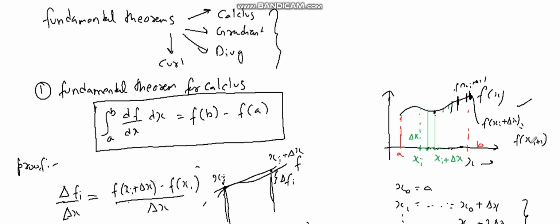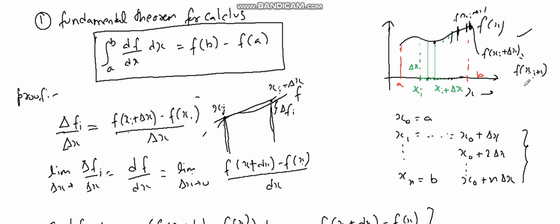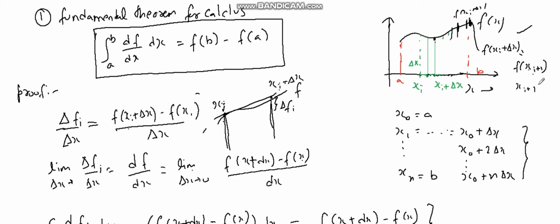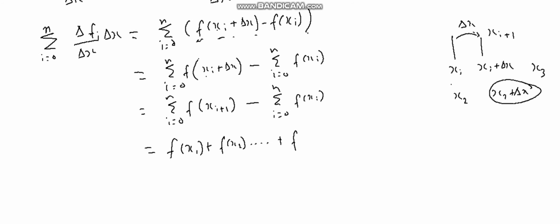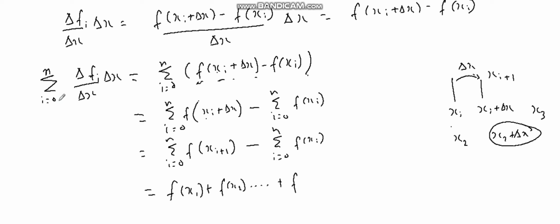So x_{i+1} at this location should be your x_n, so i plus 1 should be equal to n. In the same way, i must be n minus 1 at the last location. But I've made a mistake over here.